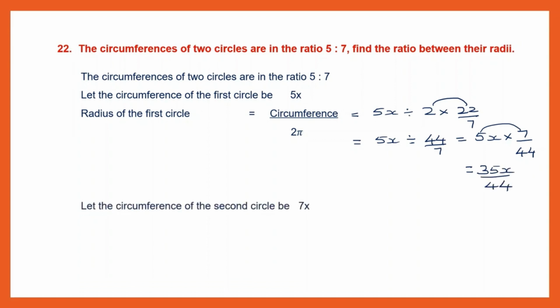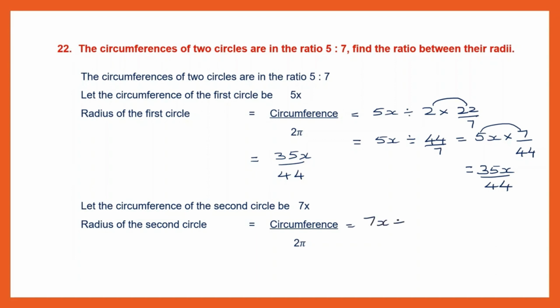Then let the circumference of the second circle be 7x. Now where did we get 7x from? From the ratio here. Okay, 5:7. We took the circumference of the first circle to be 5x and the circumference of the second circle to be 7x. Then the radius of the second circle will be circumference by 2 pi and circumference is 7x. 7x divided by 2 into pi, which is 2 into 22 by 7.